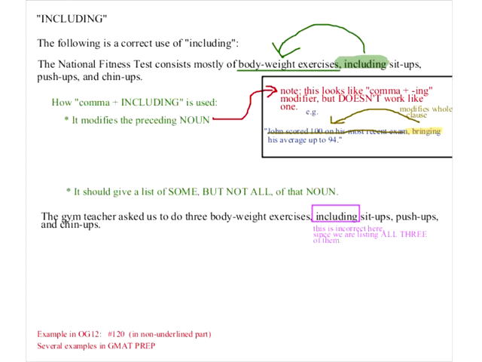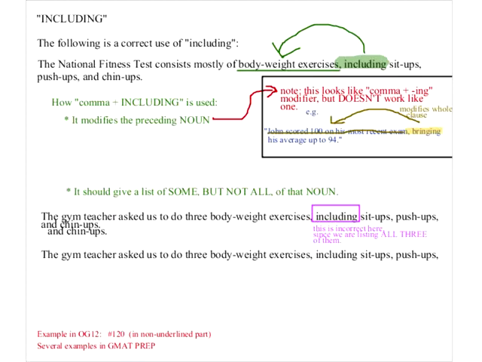On the other hand, if you have the gym teacher asked us to do 10 body weight exercises, including sit-ups, push-ups, and chin-ups, then this is okay. Correct this time since we're only listing 3 out of 10.